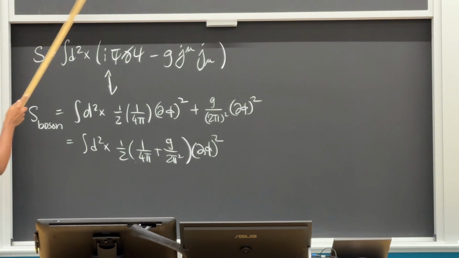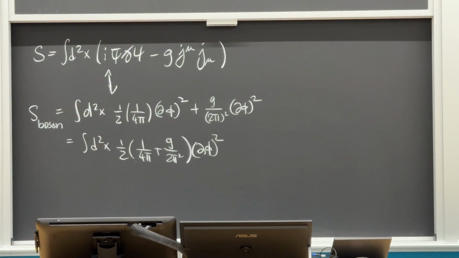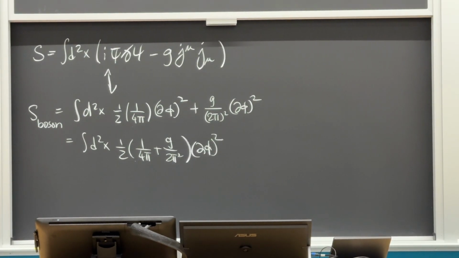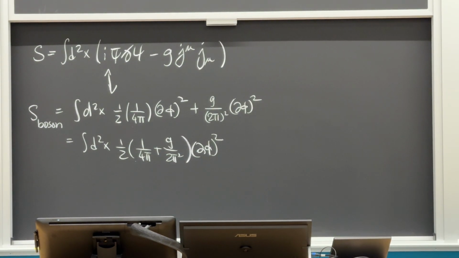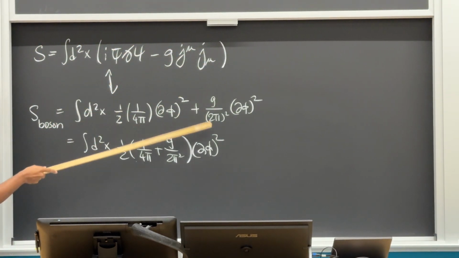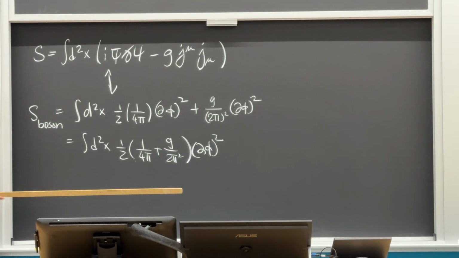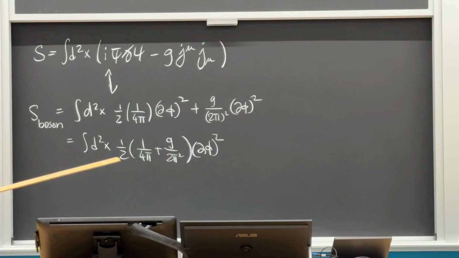So the current is that product that leads you to this. So the current interaction just becomes G times the bosonized version of the current interaction, which is just the d phi square with a constant that multiplies it. And that phi is the big phi. Yep, big phi.